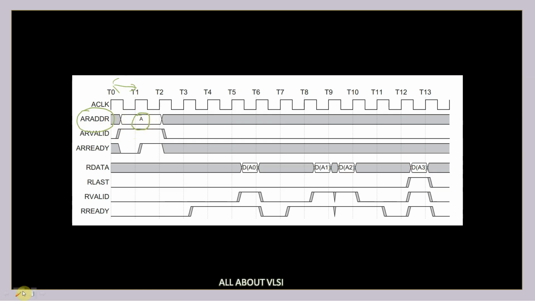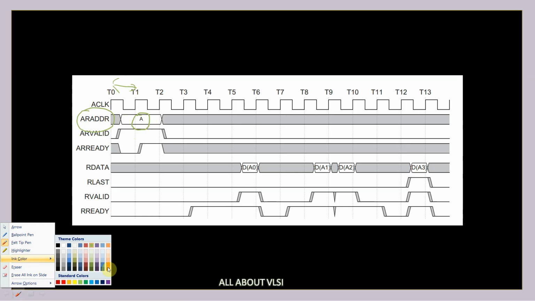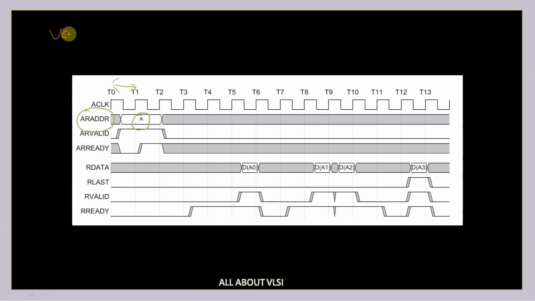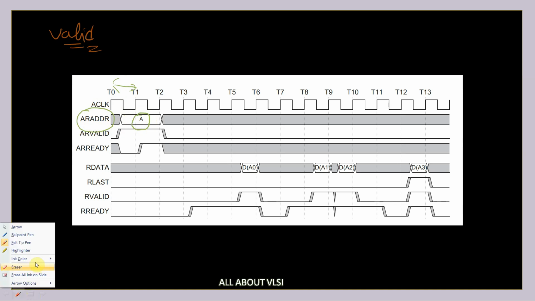Now we have one more signal, which is known as the valid signal. This valid signal is used to indicate whether the address sent by our master is a valid address or not.